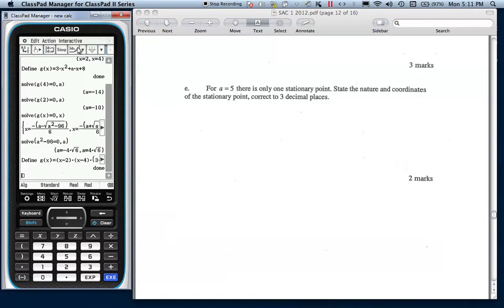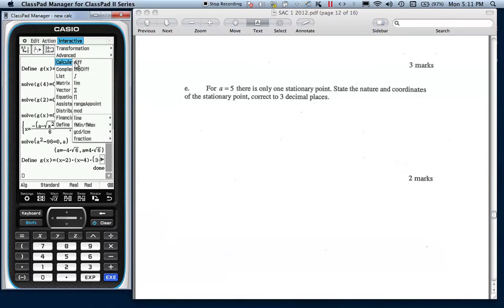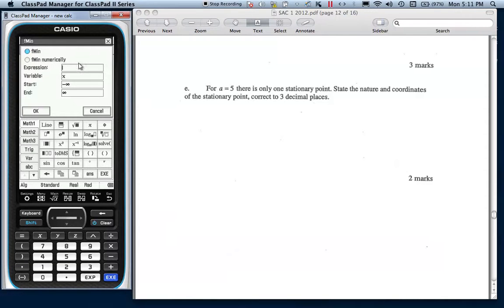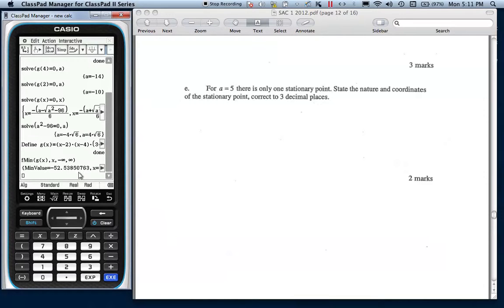We can do that by using fmin. So there's fmin, and the expression I want is g of x, and I'll go OK. And basically my minimum value for g of x with respect to x across the whole domain is minus 52.5, that's my y value, and my x value is 3.2.